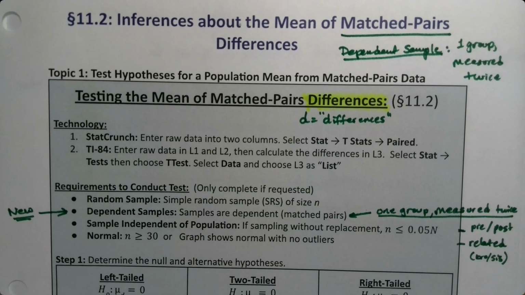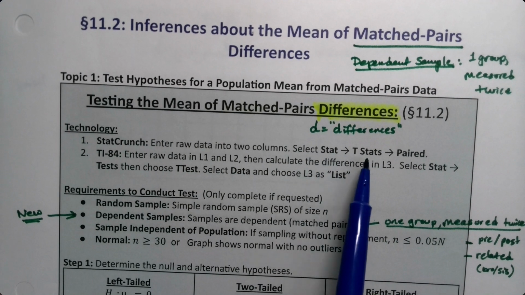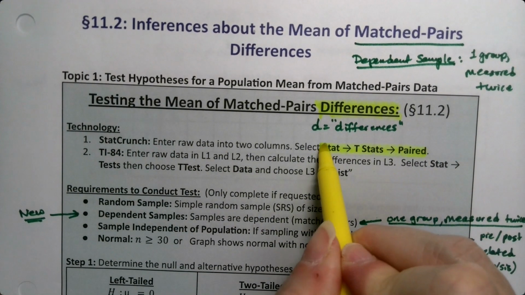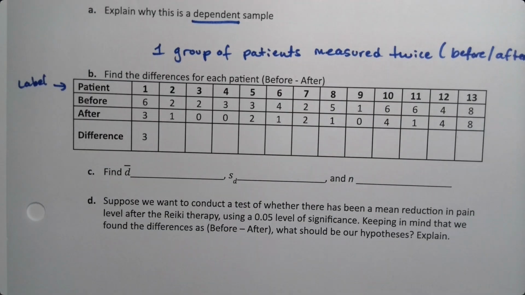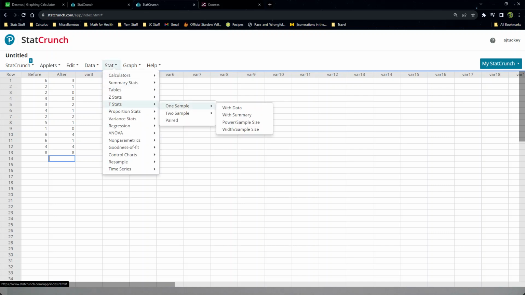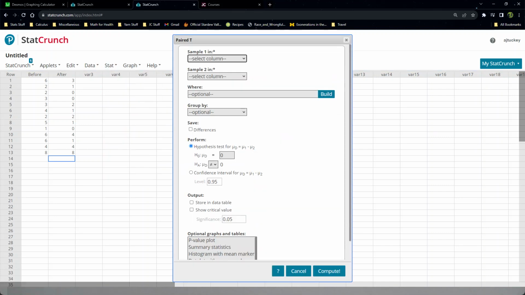All right, so let me go show you how. StatCrunch has instructions right here. You select Stat, T Stat, Paired. Right, there's your StatCrunch instructions right there. All right, so let me show you how to do that. Let me grab StatCrunch again. So Stat, T Stat, Paired. Here it is. And we tell it which our columns are.